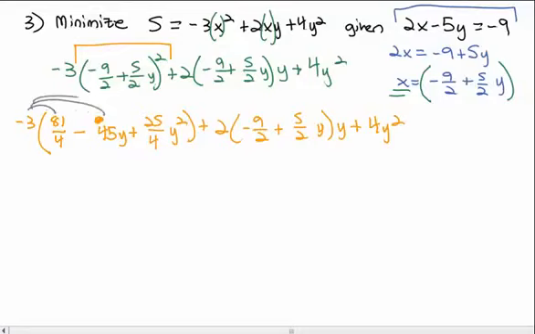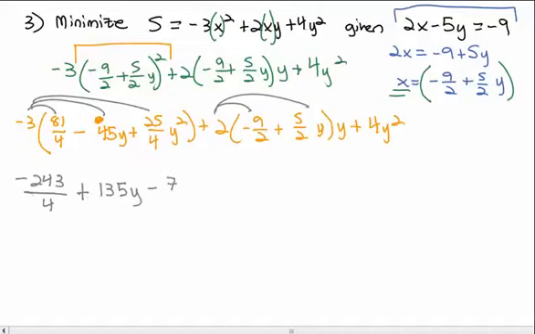Distributing through, the negative 3 and the 2 gives us negative 243 over 4 minus 135, plus 135y, don't lose that negative, minus 75 over 4 y squared, minus 18 halves, actually 18 halves, that's going to reduce to 9. Let's go ahead and just reduce that now.